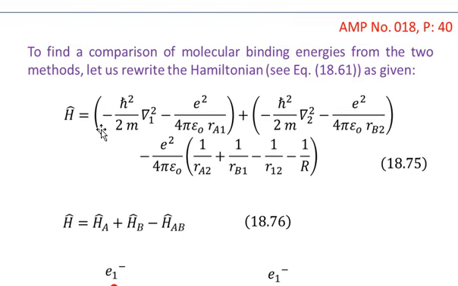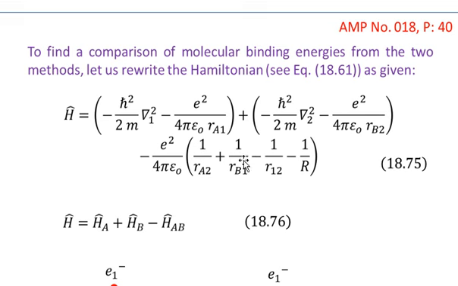The Hamiltonian can be written as the Hamiltonian purely corresponding to electron 1, which is minus h bar square over 2m del 1 square minus e square over 4 pi epsilon naught into R_A1, where R_A1 indicates that the electron is connected with the nucleus A. So this first parenthesis indicates that it is the Hamiltonian purely of the electron 1 associated with the nucleus A. And then the second parenthesis, which is minus h bar square over 2m del 2 square minus e square over 4 pi epsilon naught times R_B2, which means that electron 2 is connected with the nucleus B. This is the Hamiltonian of the electron 2 connected with the nucleus B.